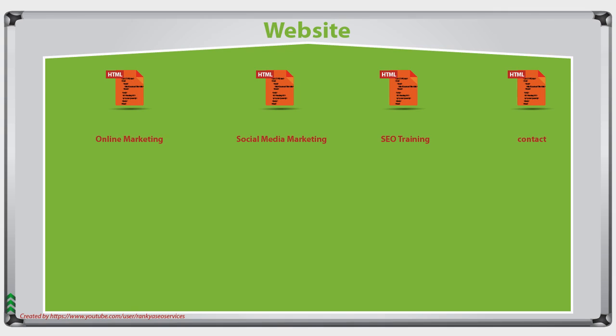So now that we've got that out of the way, let's have a look at how we can better name our web pages, because we know Google looks at the URL as a strong indicator as to what your landing pages are about.